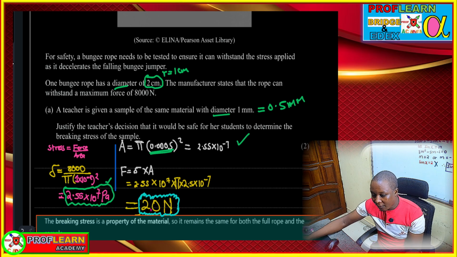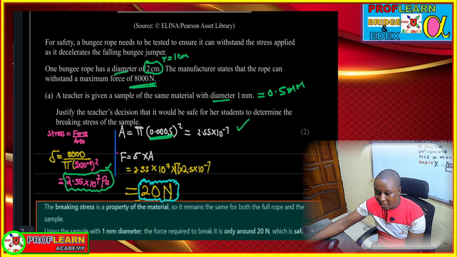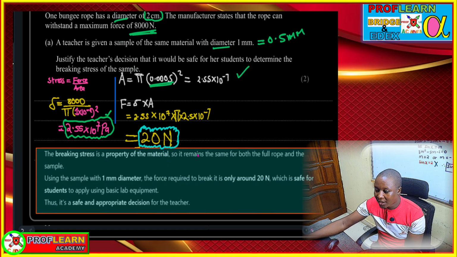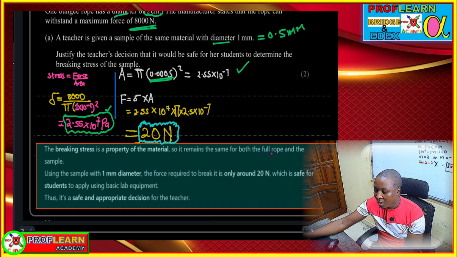And you can see the force that is subjected is 20 newtons. Which means 20 newtons is way below 8,000 newtons. And then we can say that the breaking stress is a property of a material, so it remains the same for both the full rope and the sample that is given.